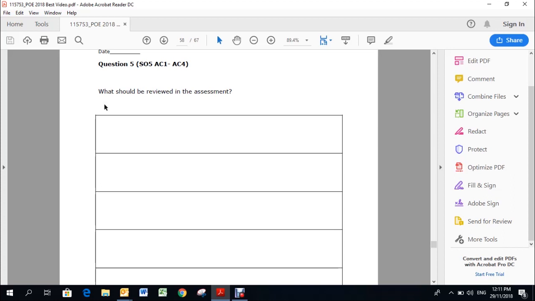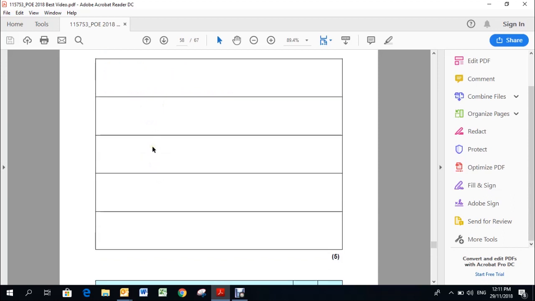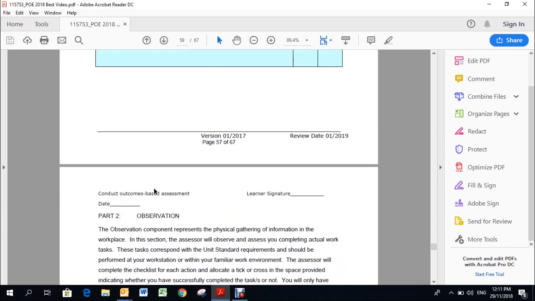So in your module 5, in your learner guide, it's one of the last chapters. You're going to read, and then you answer the questions, and there should be 5 points that you're going to include there. That marks the end of the knowledge test.